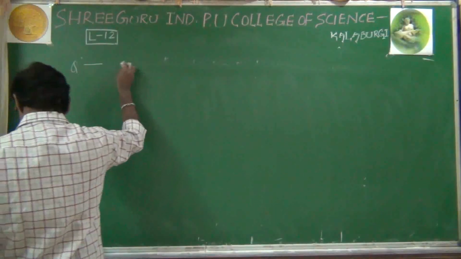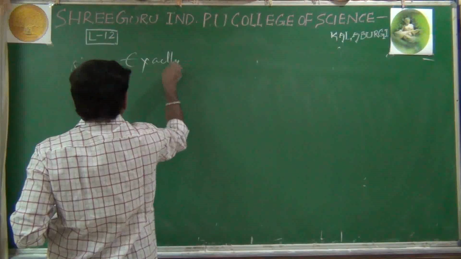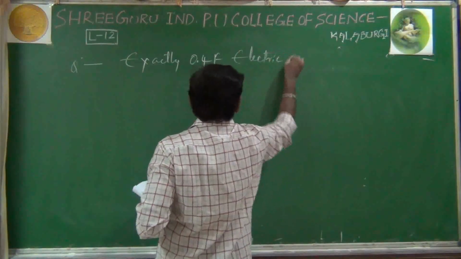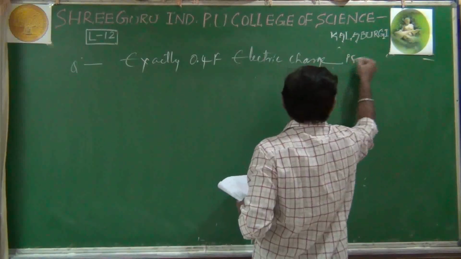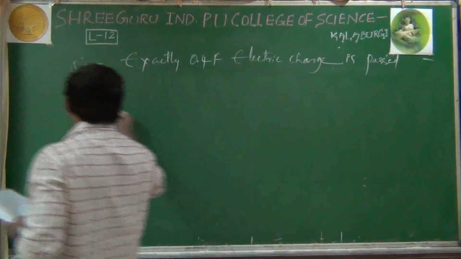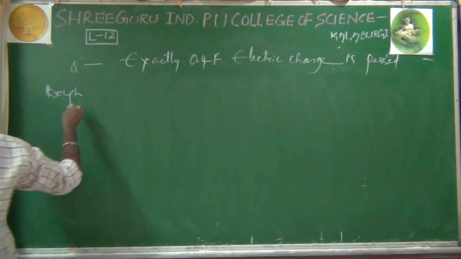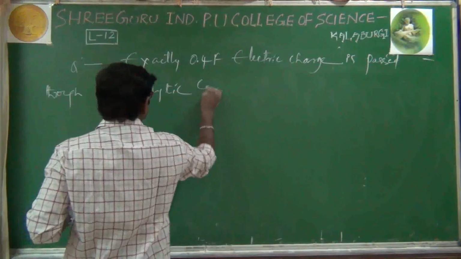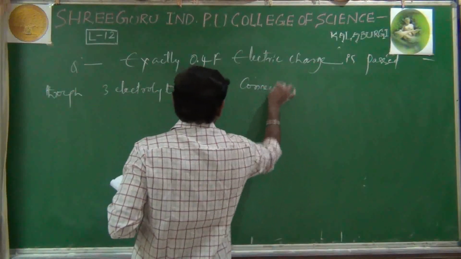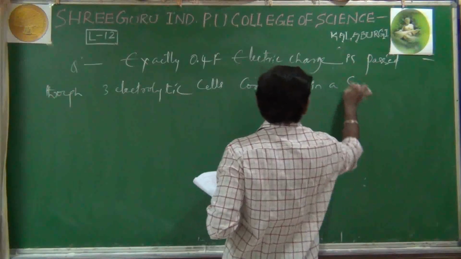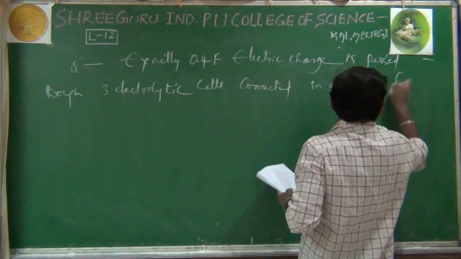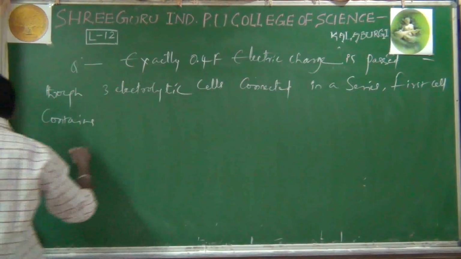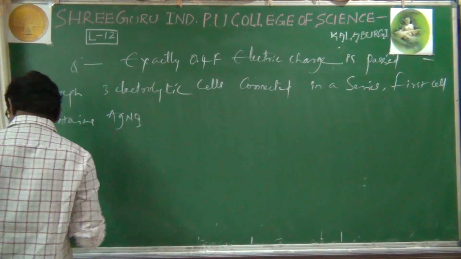Next question. Exactly 0.4 Faradays of electric charge is passed through 3 electrolytic cells connected in series. The first cell contains silver nitrate.